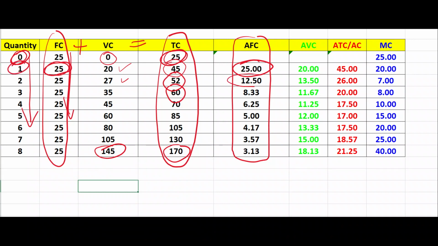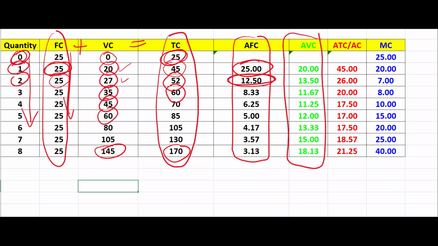The second unit of output results in an average fixed cost of €12.50, which is simply 25 divided by 2, and so forth. Our average variable costs are the variable costs divided by the number of units of output. So just take 60, for example, divided by 5 equals 12.